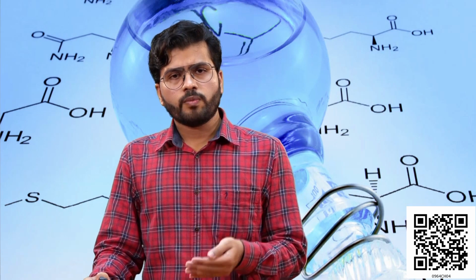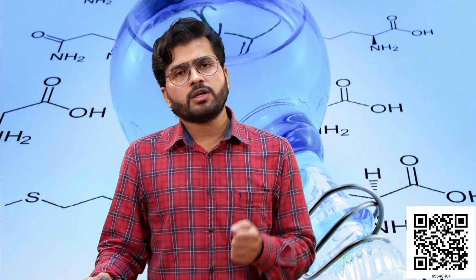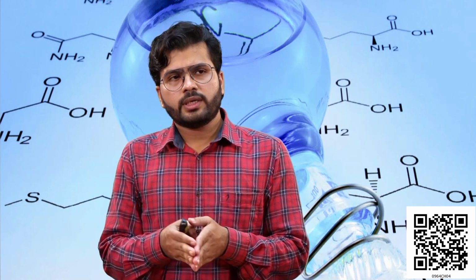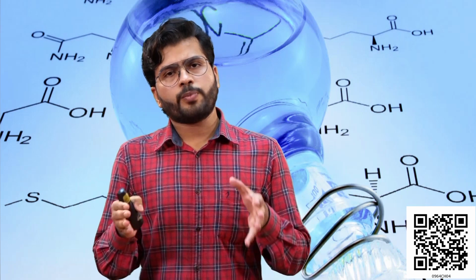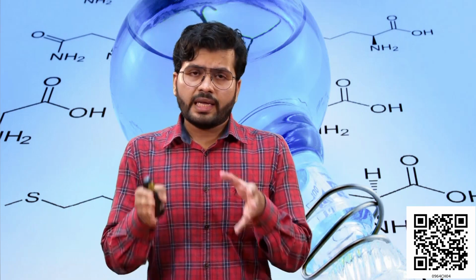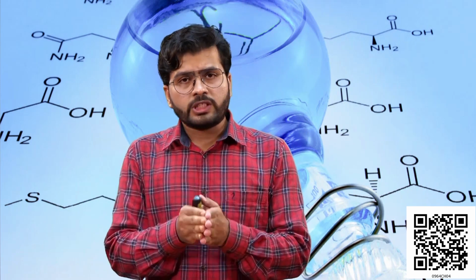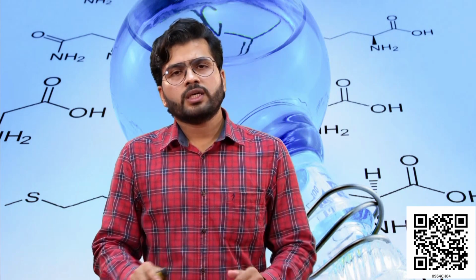And what was the reason behind it? As we know, atomic number is determined by the number of protons. So it was observed that atoms which belong to the same element contain the same number of protons, but in the nucleus the number of neutrons is different, which makes the mass number different.